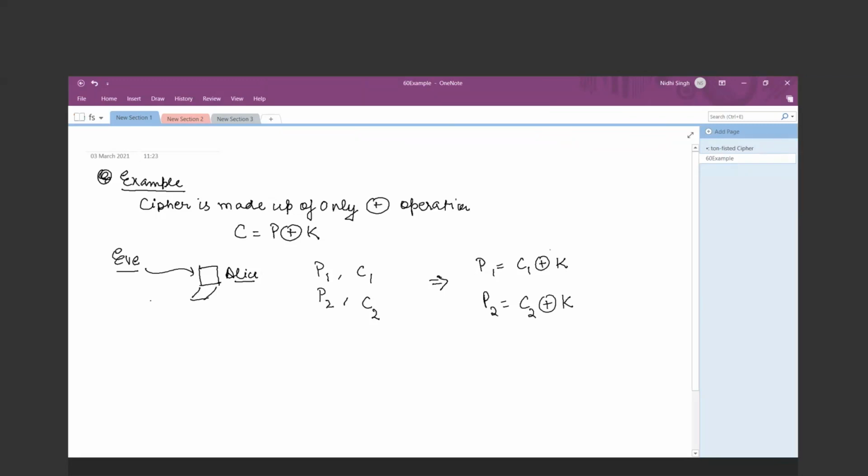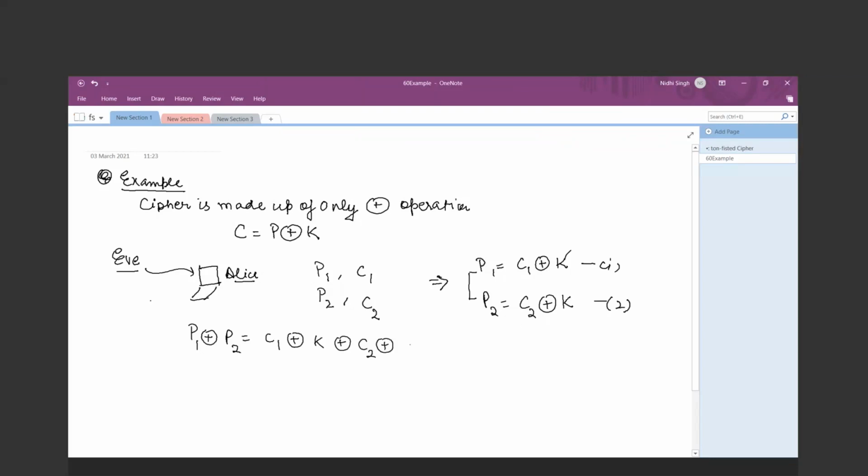The round keys may be different, but I'm talking about the cipher key. So from these two relations, we can find one equation: if we XOR P1 with P2, that is P1 XOR P2, then what will be the relationship between the plain text and the ciphertext?